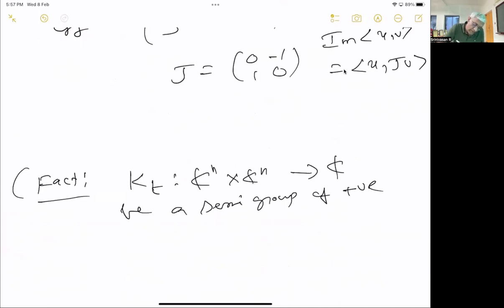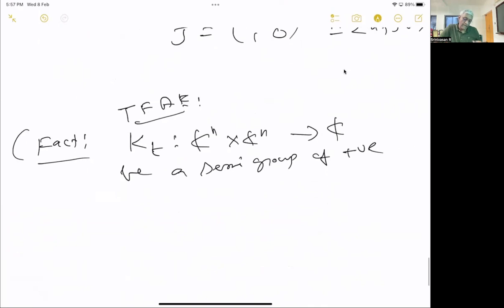The fact is the following are equivalent. One, Kt is a semigroup. Two, Kt is a semigroup of positive definite kernels.